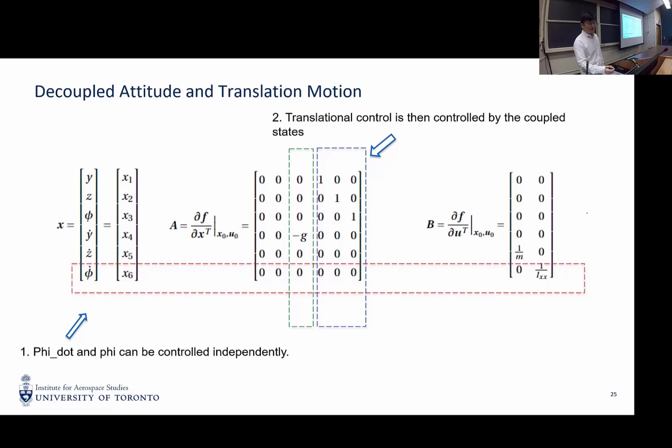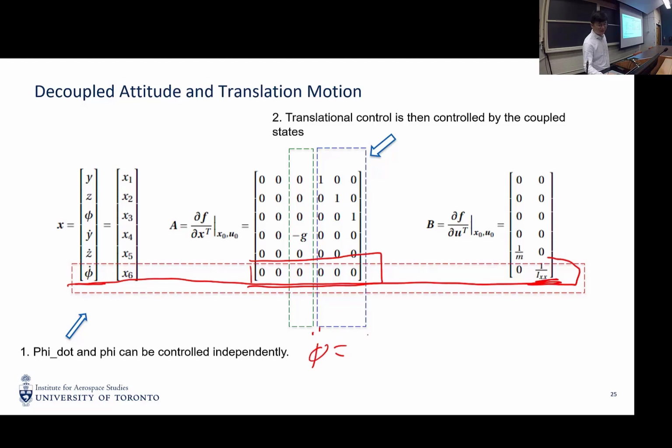So here is the result we got last time from the linearization. It tells us something. If we take a look at the last row here, we see that these terms are all 0. So it means that the attitude channel is decoupled from the translational channel. So we can design the attitude controller first before we design the translational controller, right? Because this is only affected by the control input. So basically phi double dot is a double integrated system with your tau.